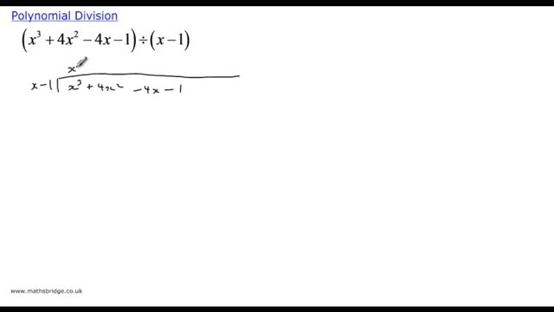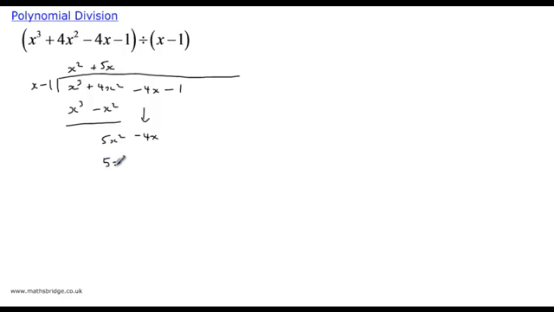I need to multiply the x by an x squared to get an x cubed. Multiplying the x squared by an x minus 1 gives me x cubed minus x squared. I'm subtracting these terms, I end up with a 5x squared. I drop the minus 4x down. Now I need to multiply the x by 5x to get 5x squared.